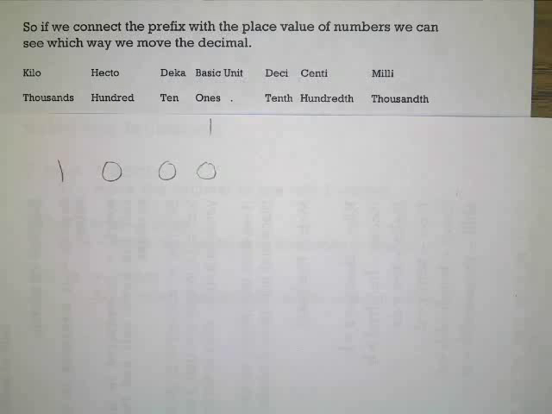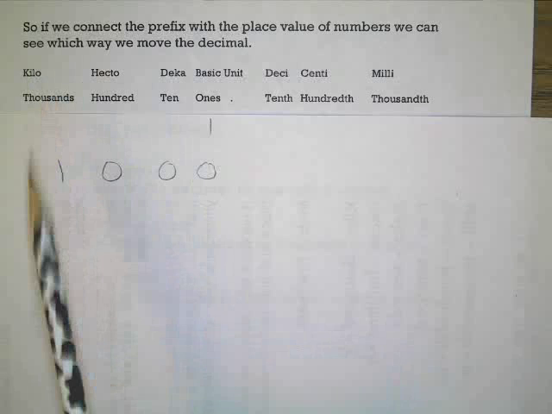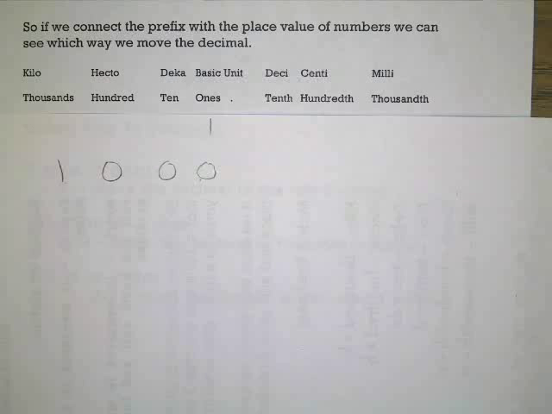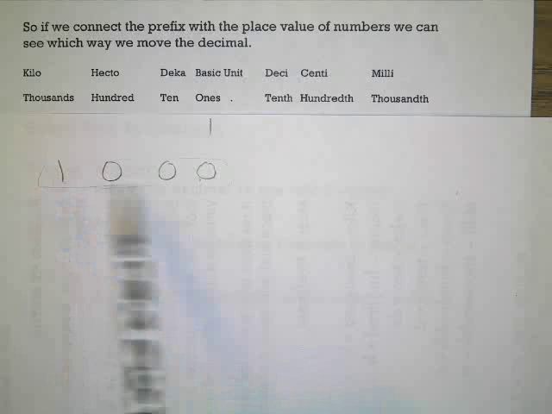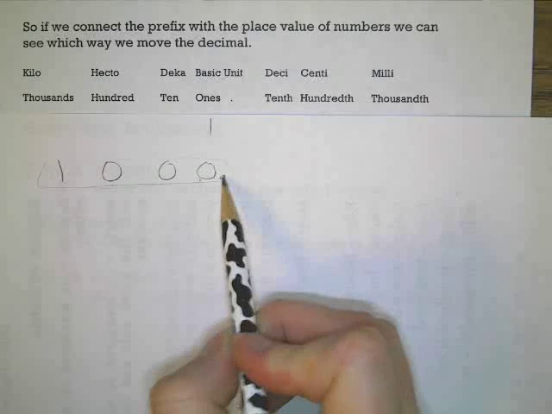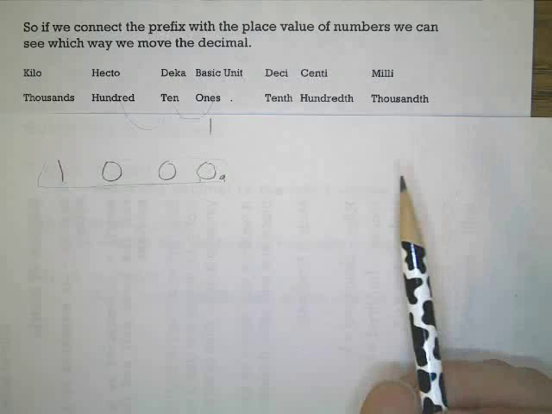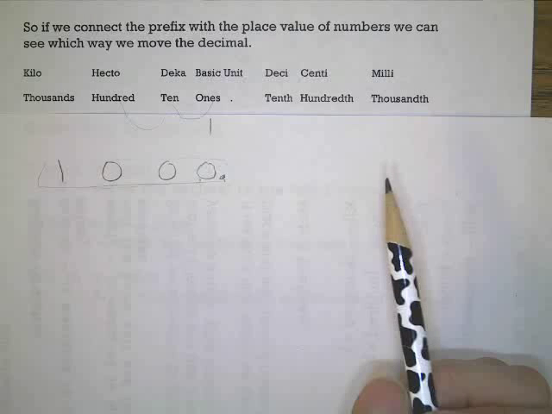Does that make sense? So if I had 1,000 kilos and I wanted to know how many basic units there were, how many zeros would I add? If I'm here, my decimal is here, and I want to go 1, 2, 3 places backwards, how many zeros do I add?